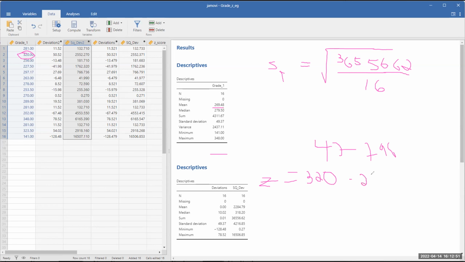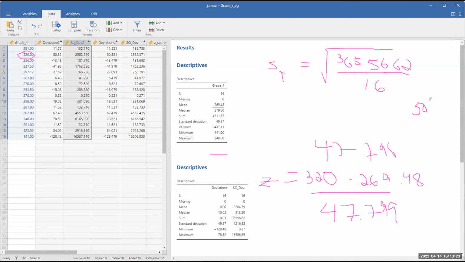Minus 269.48 divided by the sample standard deviation, which we calculated was 47.799. So if we calculate that, that's 320 minus 269.48. That's equal to 50.52 on the top.